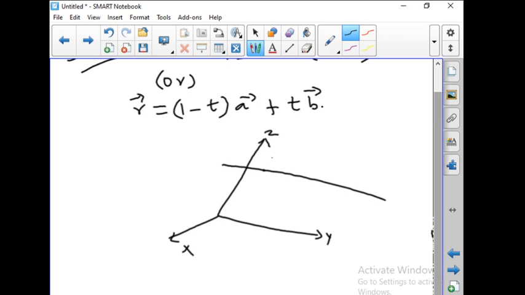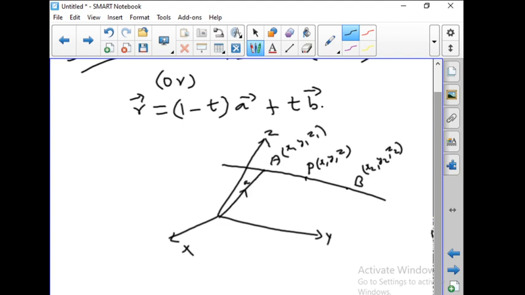So, 2 points A and B, and P is an arbitrary point. P we take as x, y, z, A we take as x1, y1, z1, and B we take as x2, y2 and z2.